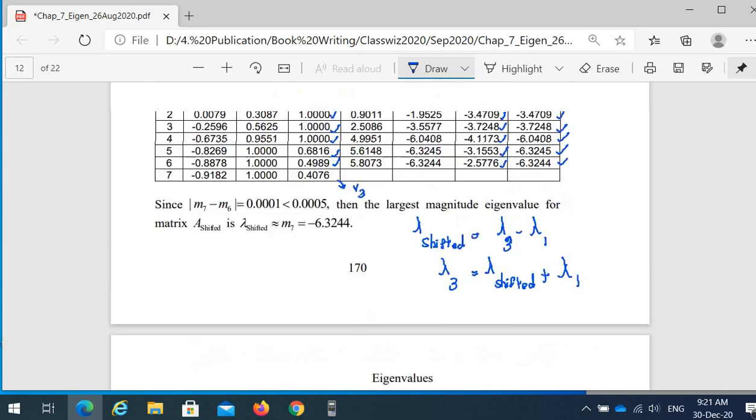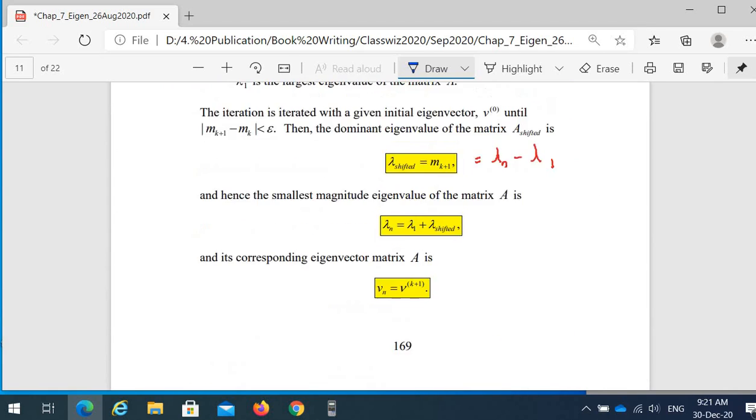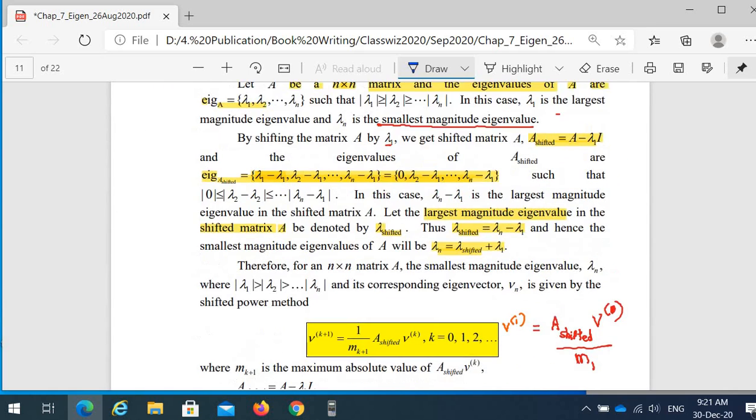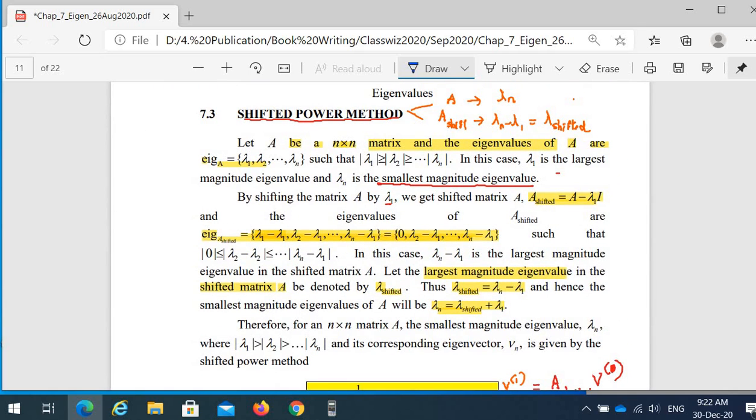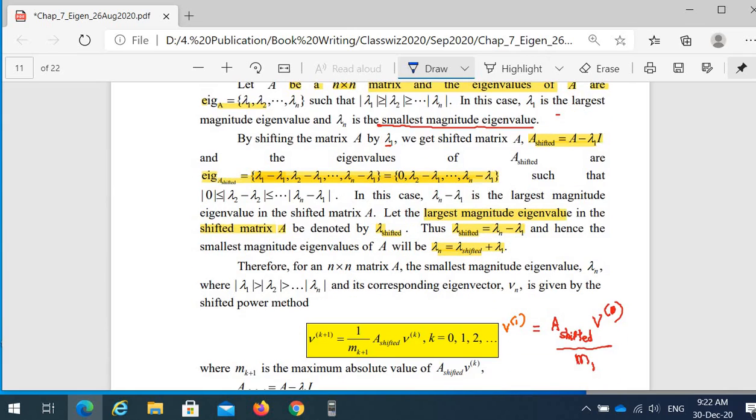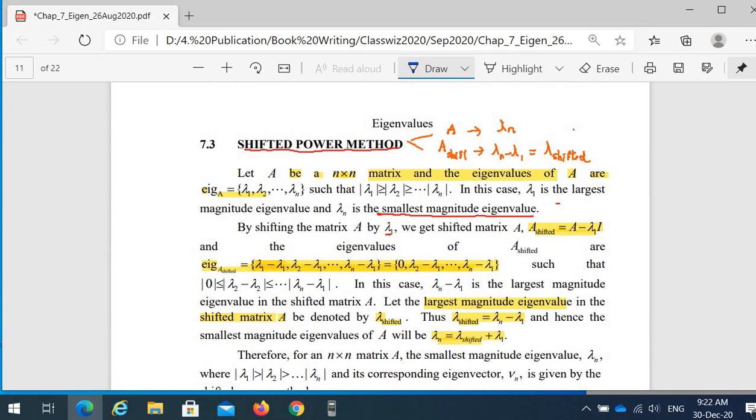Okay, so I will explain the theory for the lambda shifted power method. Using the power method on matrix A with the initial eigenvector, we get the dominant eigenvalue, which is this one.